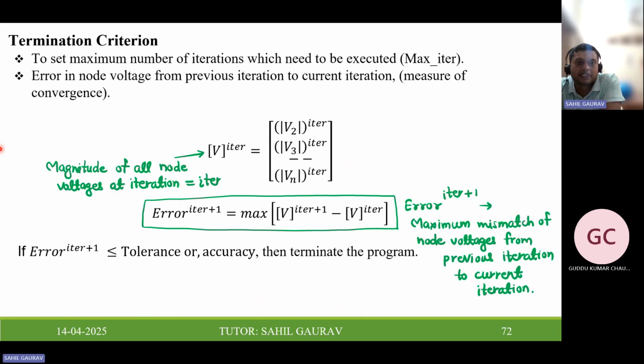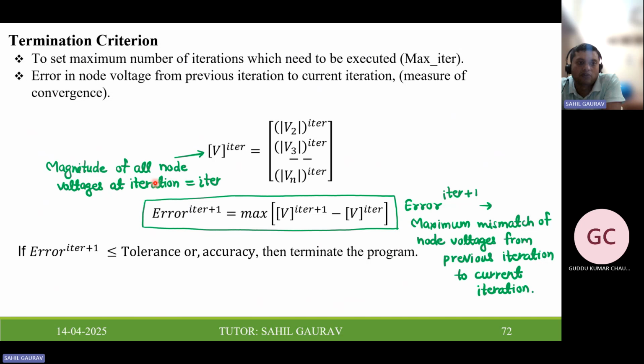What are the termination criteria for this backward forward load sweep load flow algorithm? The termination criteria are either one of the following. First, we have to set the maximum number of iterations, which needs to be restricted, or the error in node voltage from the previous iteration to the current iteration, a measure of convergence.